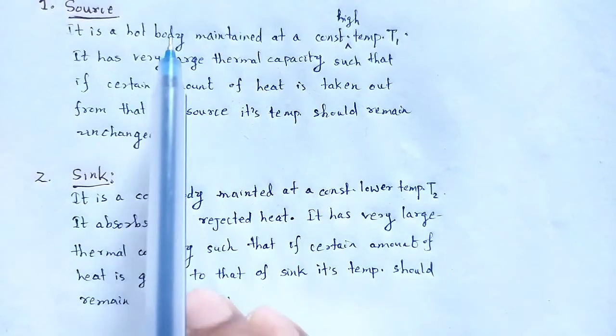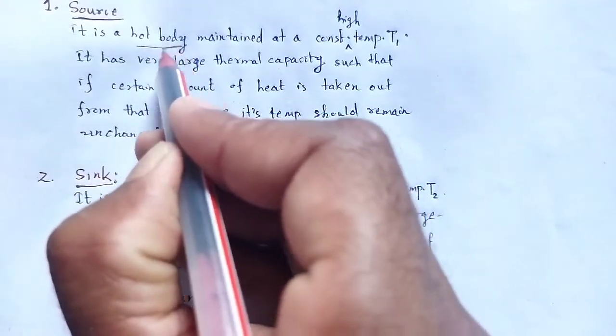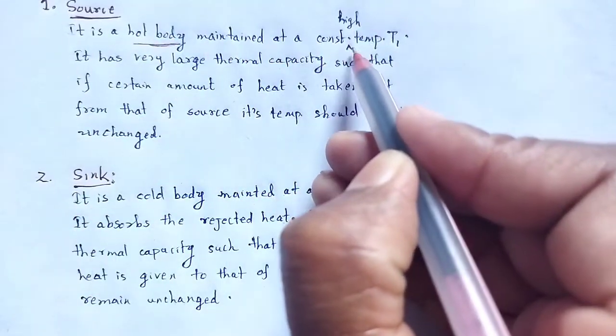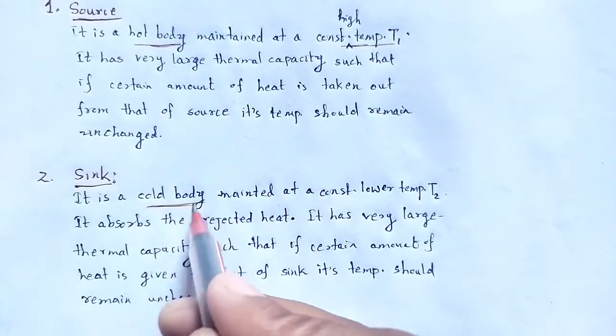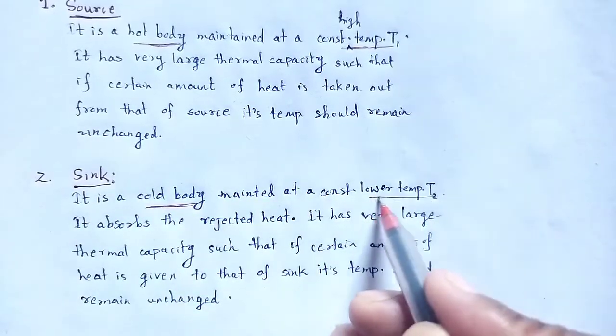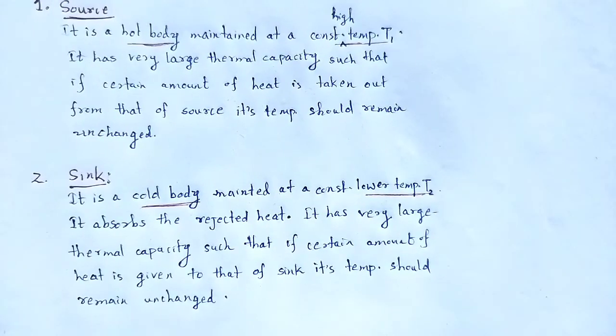Okay. The source is a hot body maintained at a constant high temperature T1. The sink is the cold body maintained at lower temperature T2. Almost the same thing, that is the high temperature, that is the low temperature.